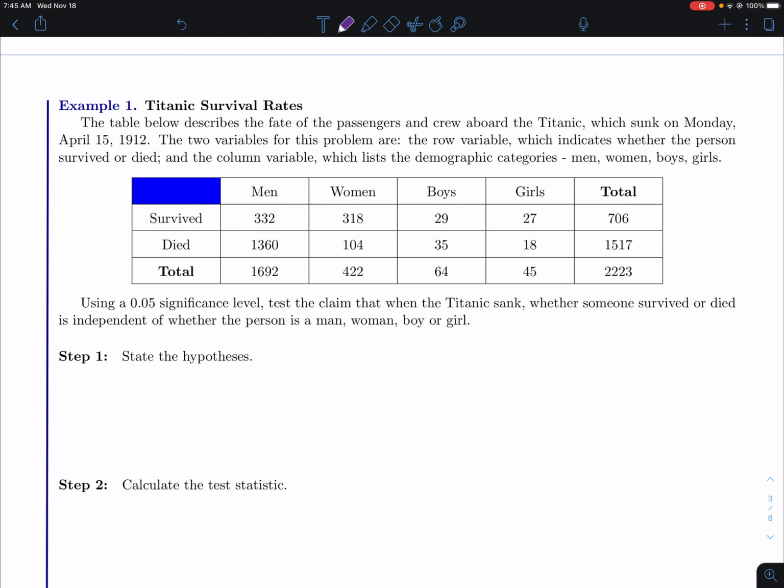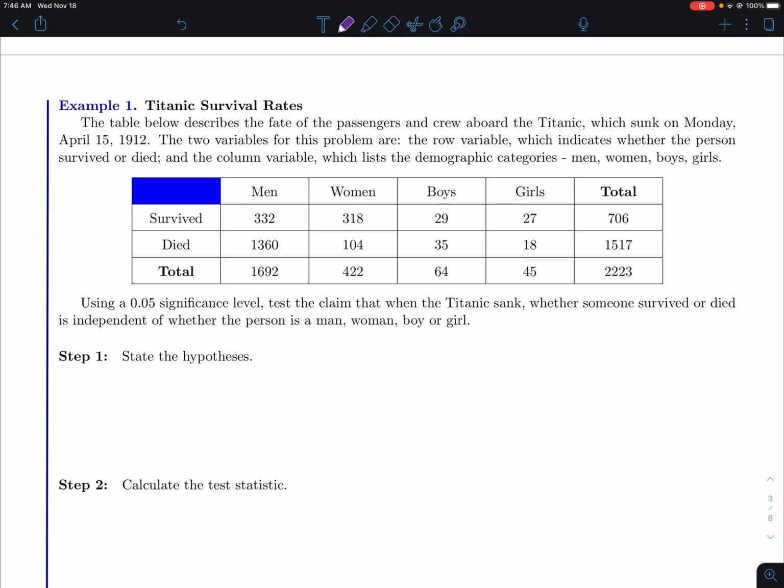So in this case, our example, Titanic survival rates. The table below describes the fate of the passengers and crew aboard the Titanic, which sunk on Monday, April 15th, 1912. The two variables for this problem are the row variable, which indicates whether they survived or not. So the top total is the number of people that survived.